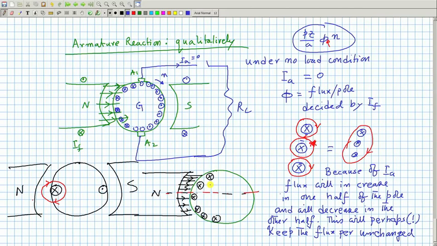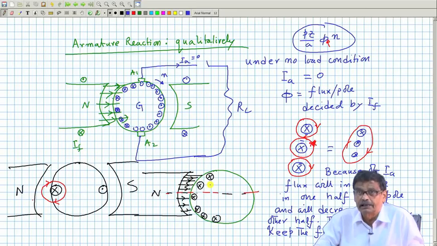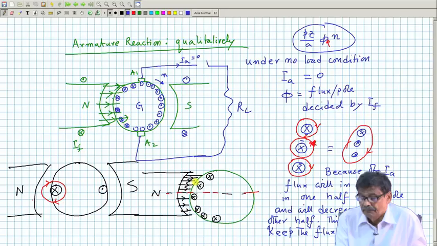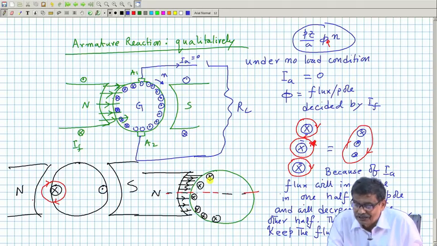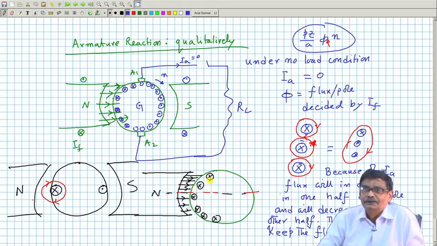I am talking about rated current. At low value of current, this is precisely what will happen, but at rated value, large value of current, this may not happen. That is what I am telling. Why? Because in this part, saturation may take place. More MMF is causing this flux to increase.